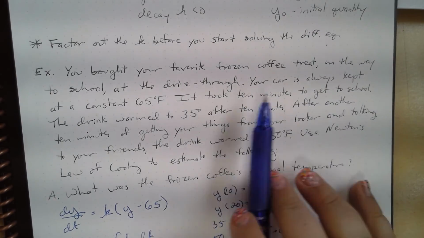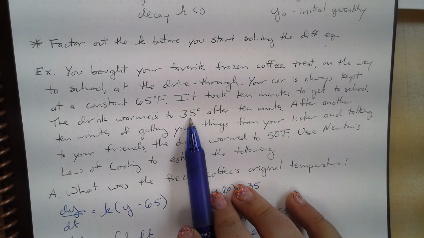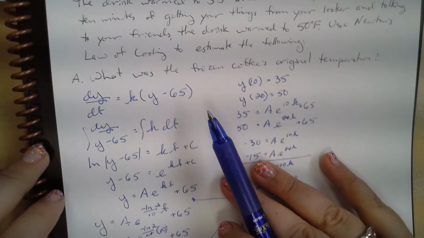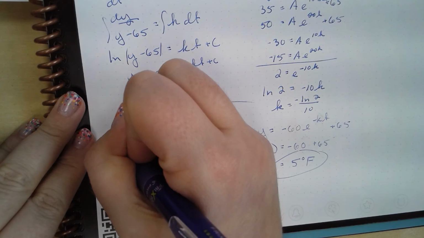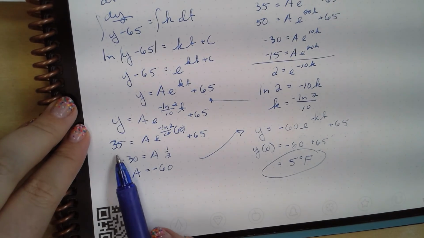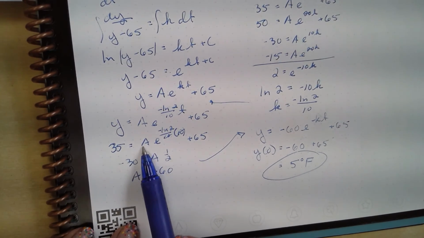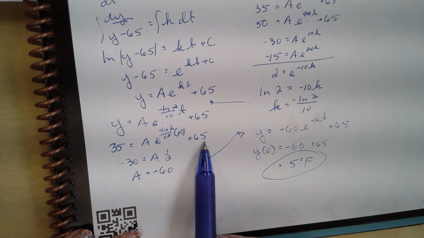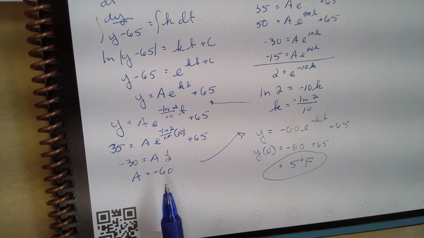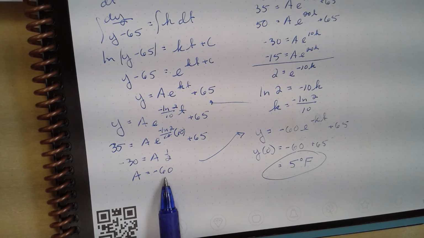It took 10 minutes to get to school, and the drink warmed to 35 degrees in that 10 minutes. So we know that 35 degrees, the temperature, is equal to a e to the 10k plus 65. We can actually solve for a. So a, our constant, is going to be negative 60.